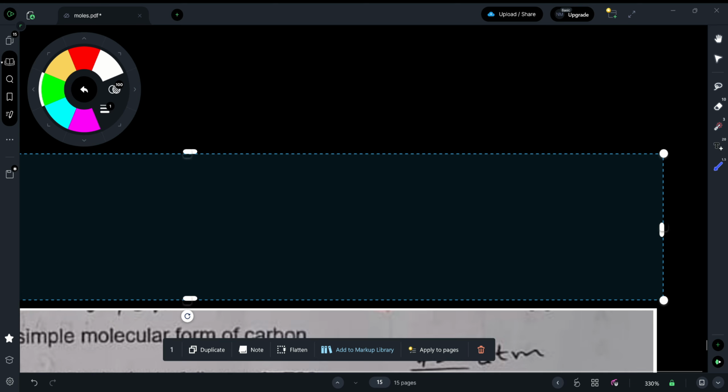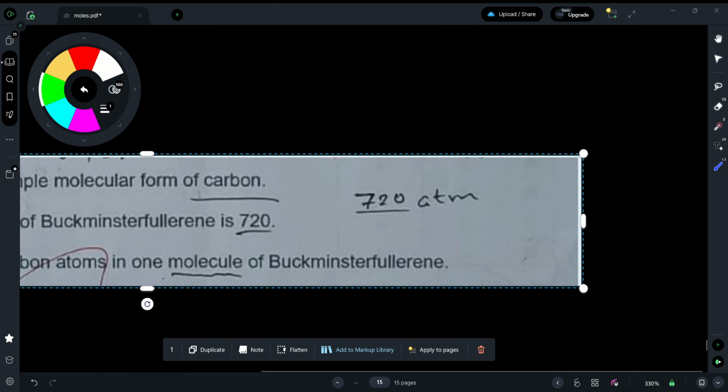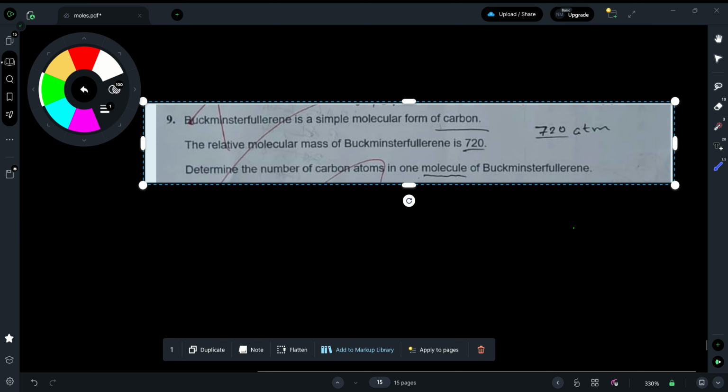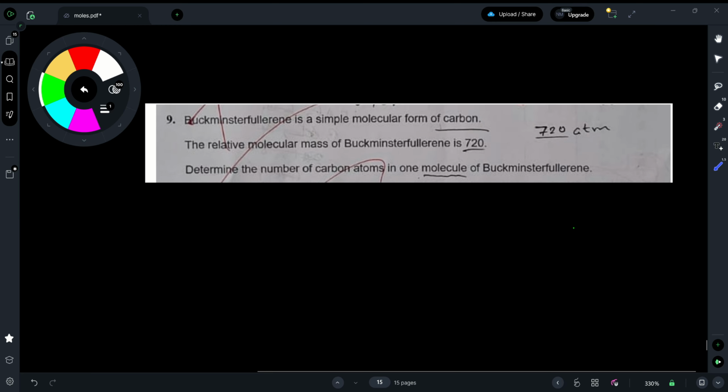It says Buckminster fullerene is a simple molecular form of carbon. The relative molecular mass of Buckminster fullerene is 720. Determine the number of carbon atoms in one molecule of Buckminster fullerene.